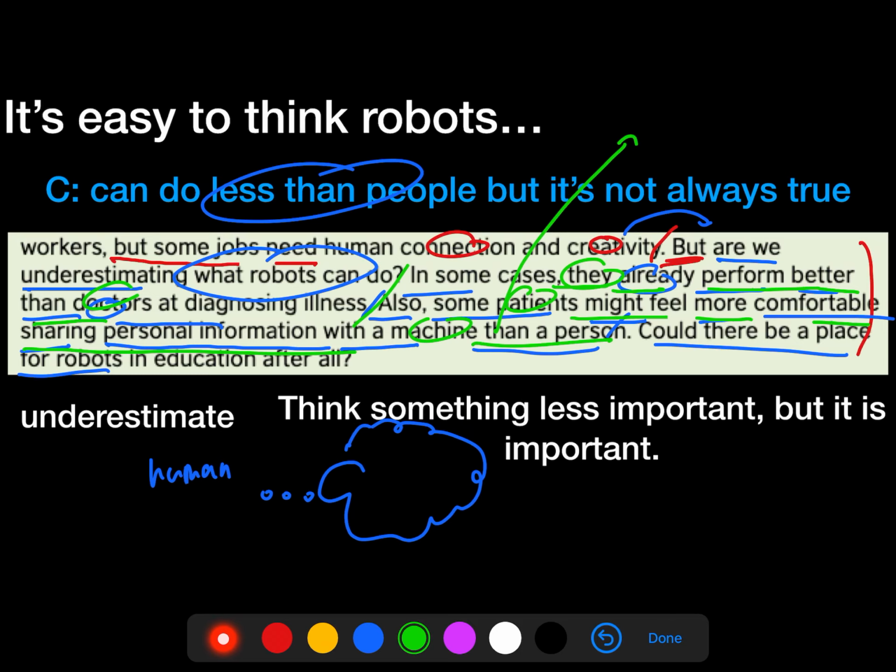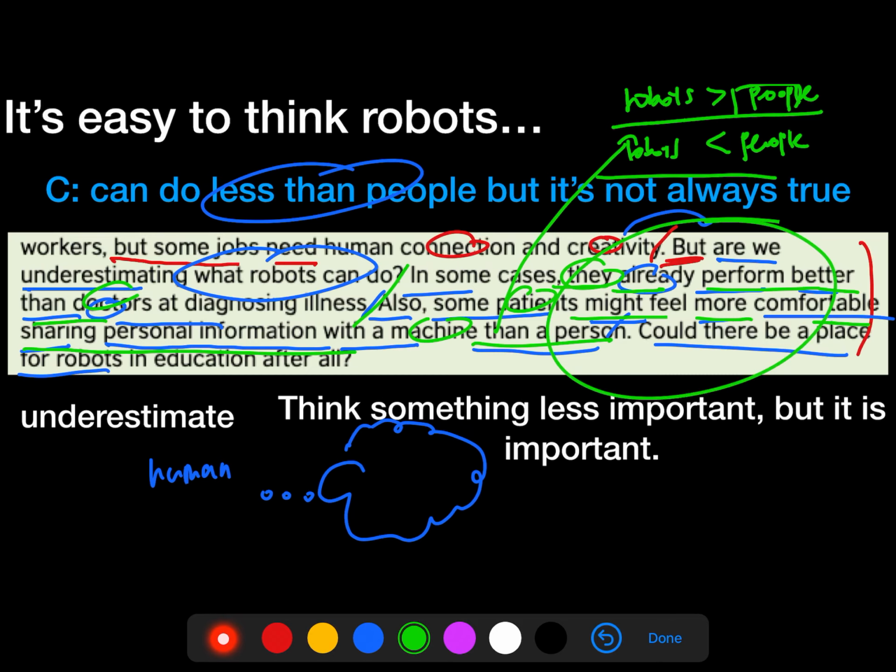So it tells you that robots can do more than people. They used to think people are always better. But this paragraph contradicts that idea. So it can do less than people, but it's not always true. Very good. Now let's move on to the next question.